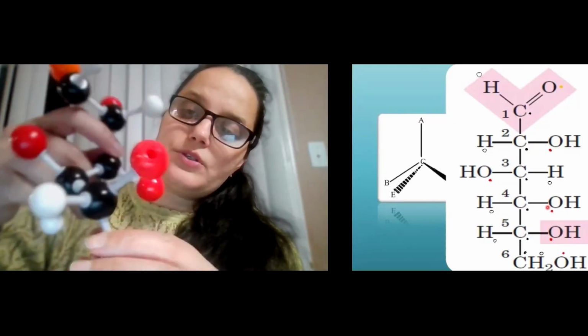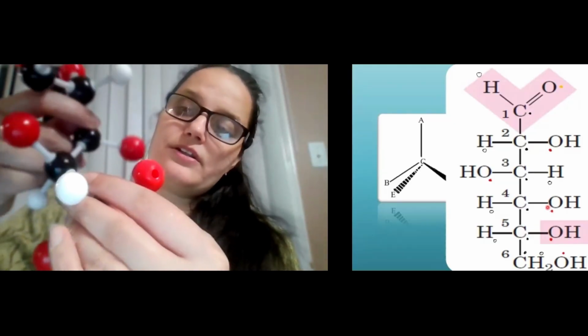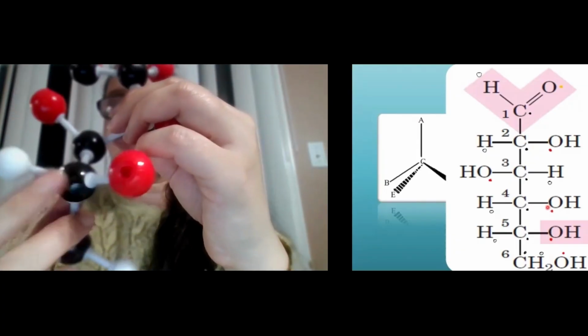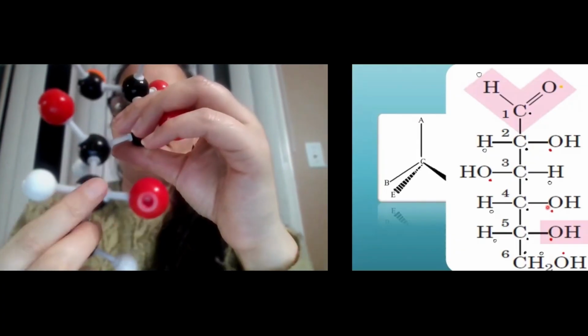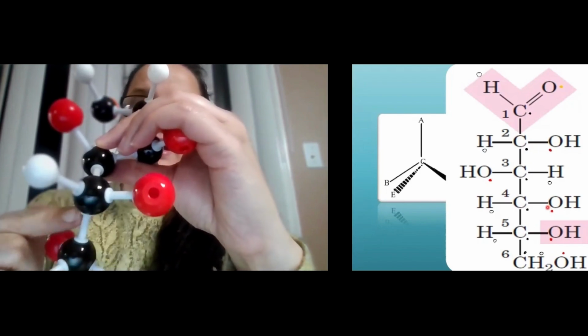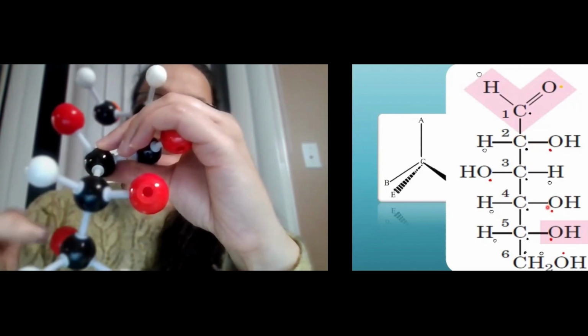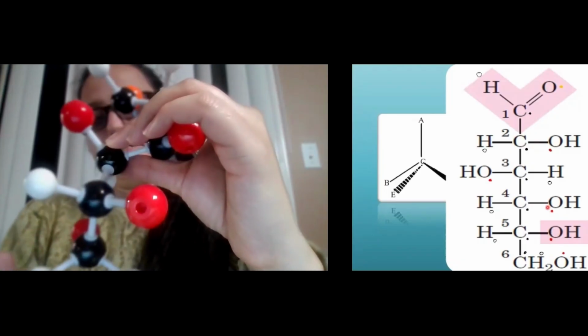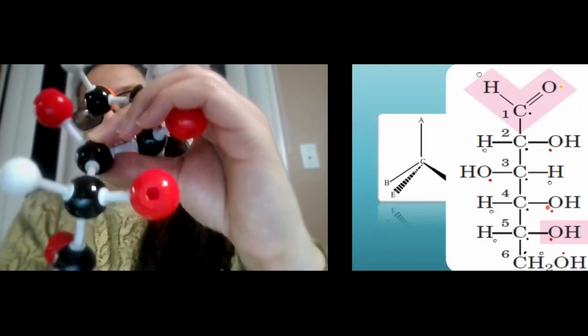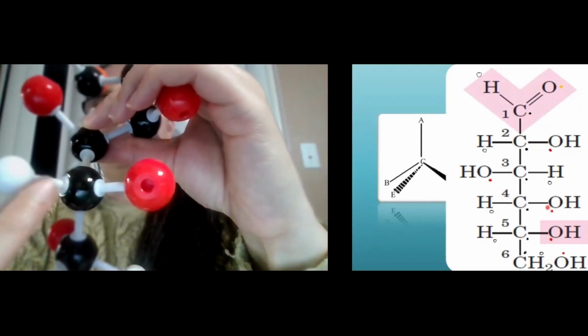Because the carbons are on the vertical line, all the carbons should be pointing away from you. This carbon is in the plane because right now this is the carbon of reference. These are going out of the plane away from the observer, and these are again going out of the plane but towards the observer for carbon number 5.